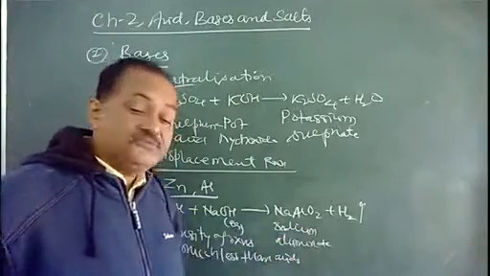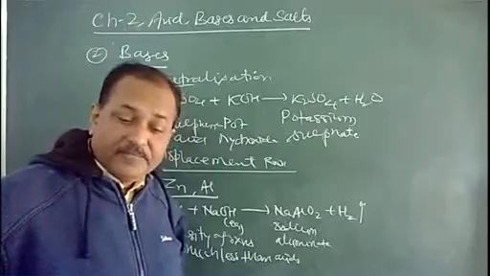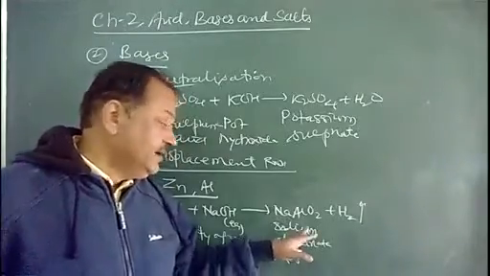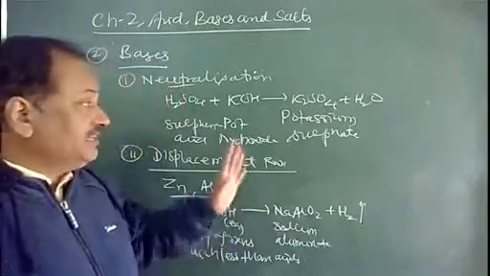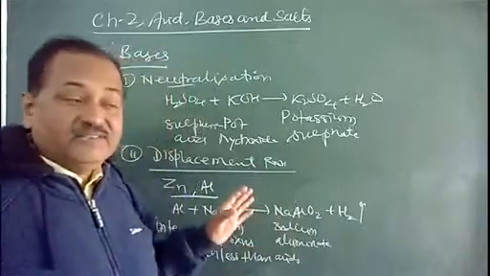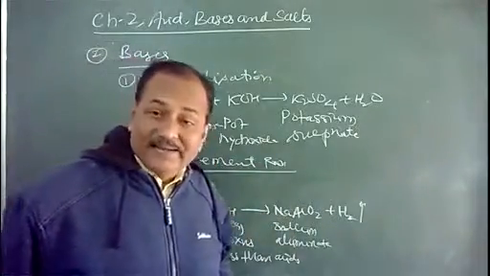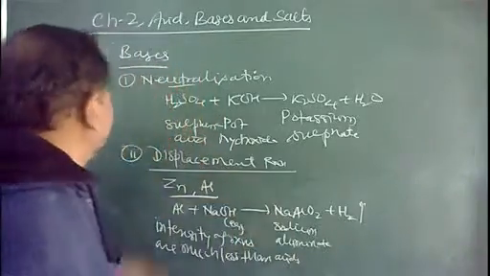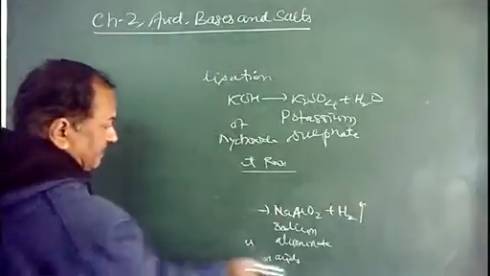So there is formation of sodium aluminate, and hydrogen gas is liberated. So children, this is very much in accordance with the acids, and this is about the reaction of the bases.